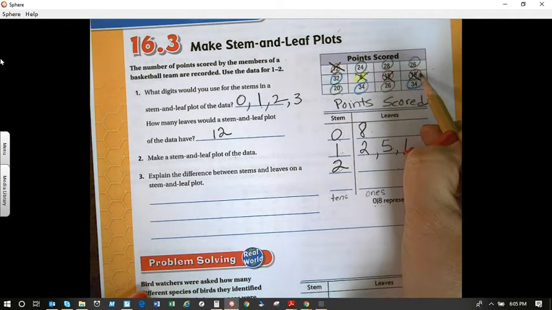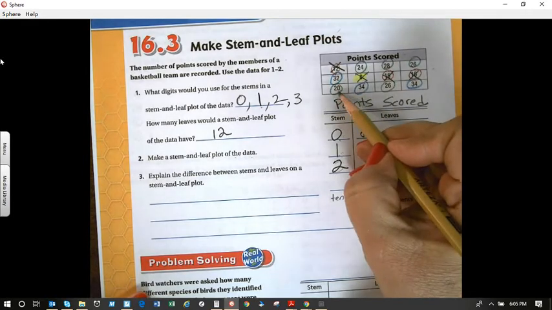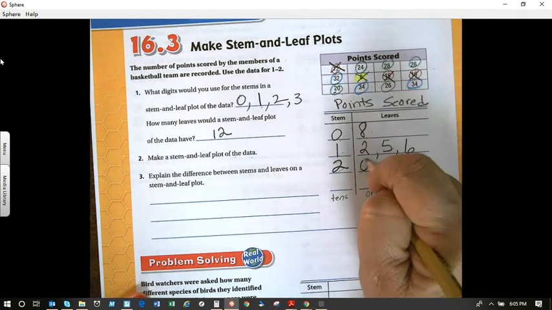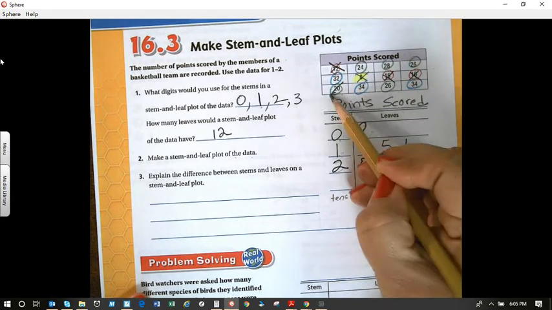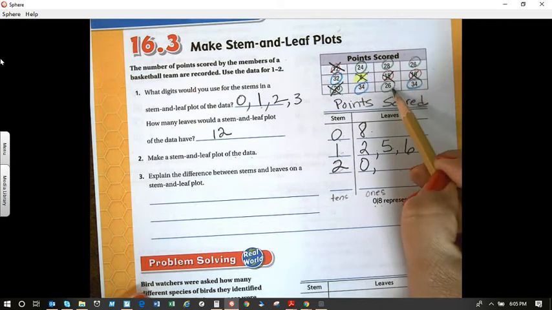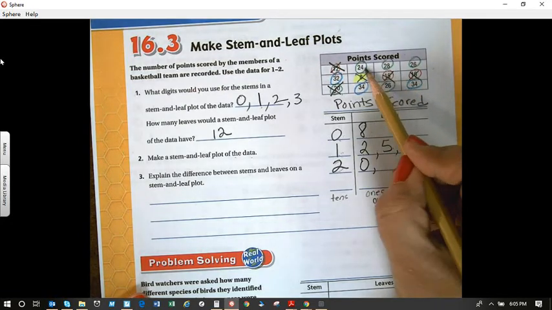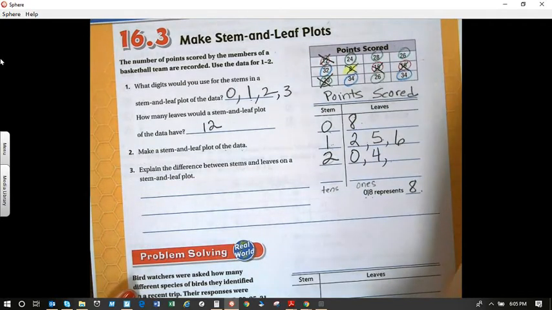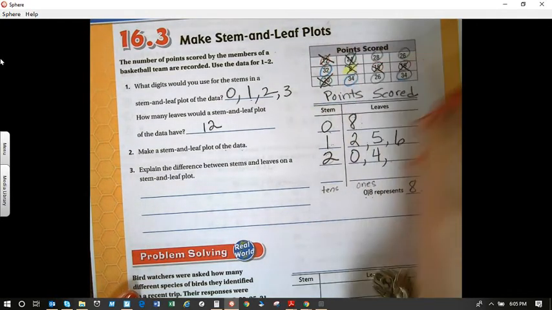Now I'm going over to my 2s. So I have my 2 in the 10s. So the first number is 0. So that's 20. The next smallest number is going to be 24. So I'm going to put my 4 there. The next smallest number is 6.